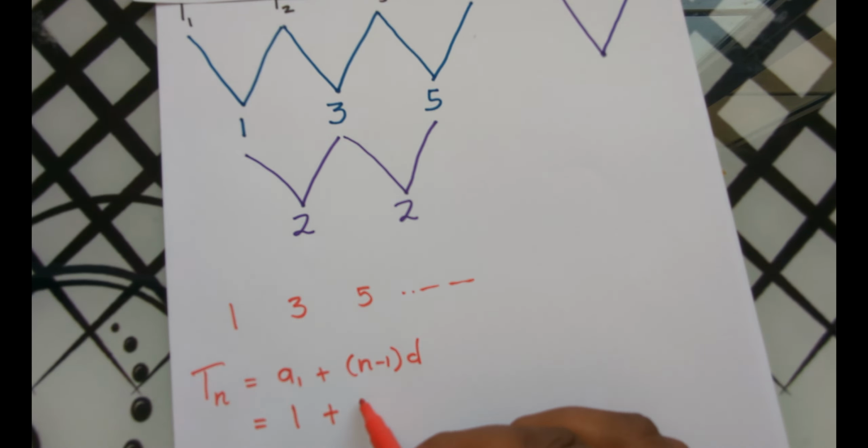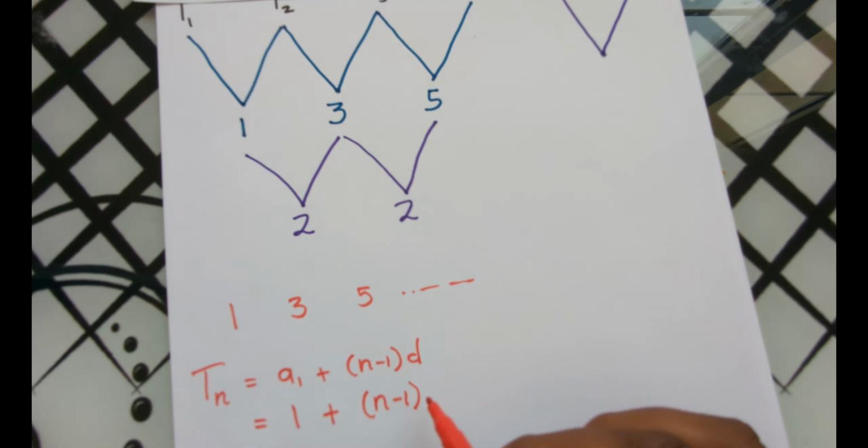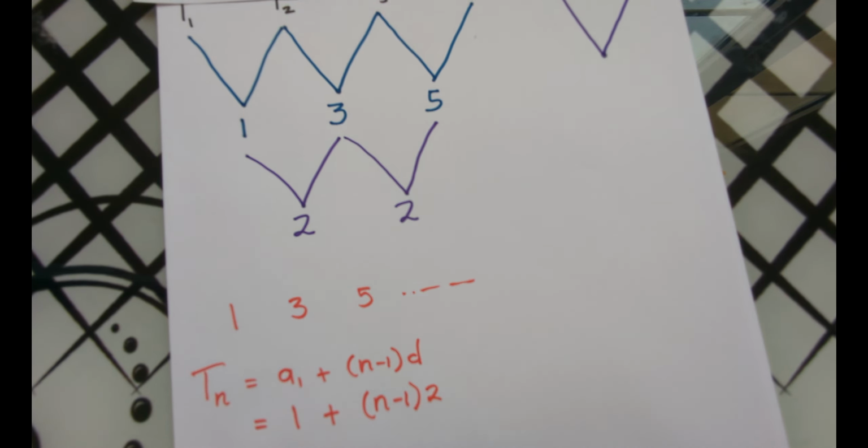So 1 plus (n minus 1) multiplied by d, which is the common difference of 2.